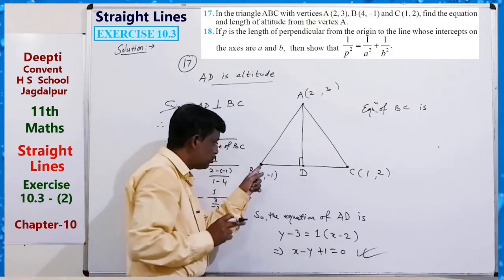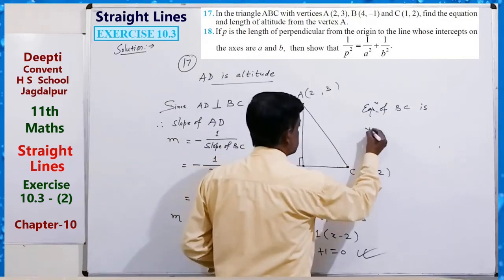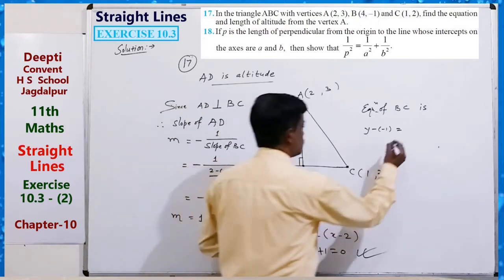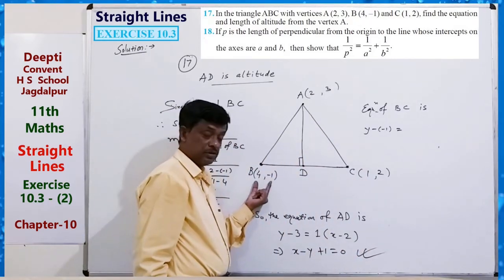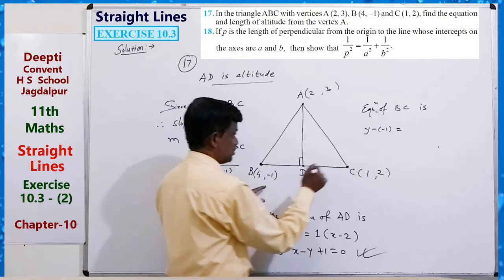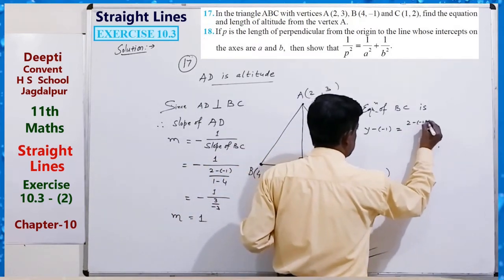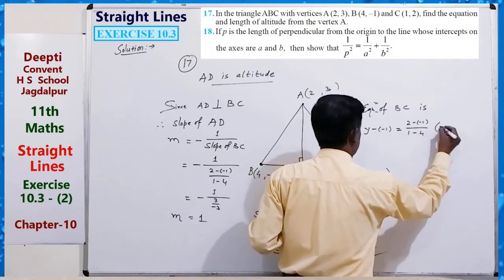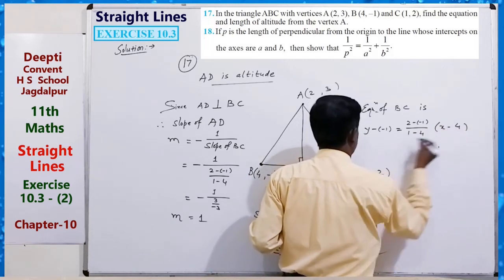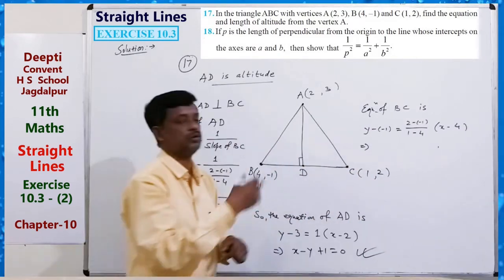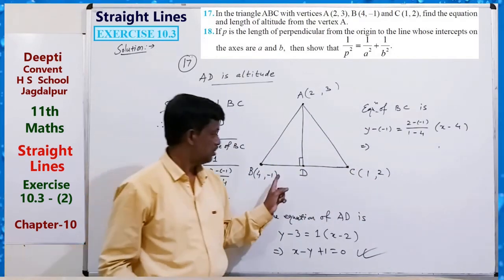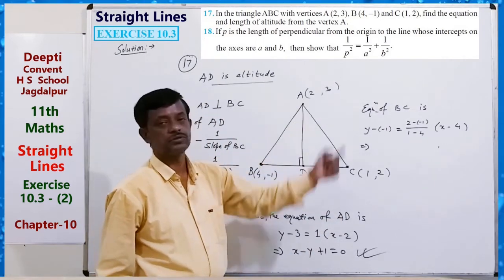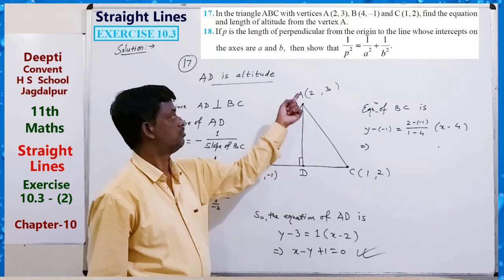Suppose BC is passing through this point, so y minus y1 equals slope, this x1 y1, so (2 minus minus 1) upon (1 minus 4), and x minus 4. So this is the equation of BC. Once we get the equation of BC, we can get the distance AD, which equals the perpendicular distance.